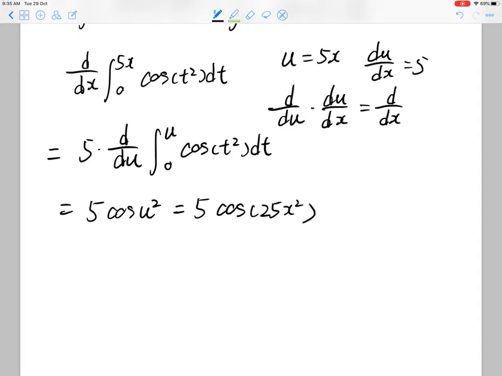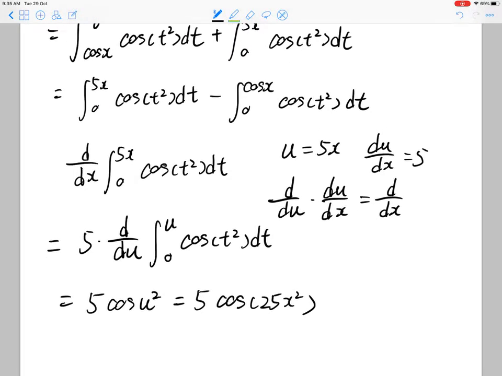Then similarly, this part you can do the calculation by yourself, but let me do it here.